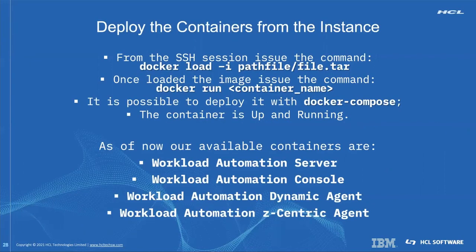So what is related to workload automation really is to choose the right containers to deploy, how to deploy it on the zCX instance, and how to start it. That's all you need to know. Then at that point, after starting, you have that component available on the system.